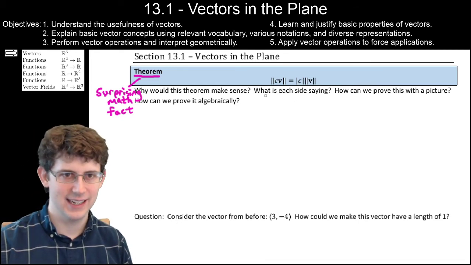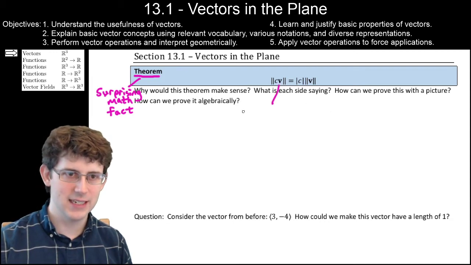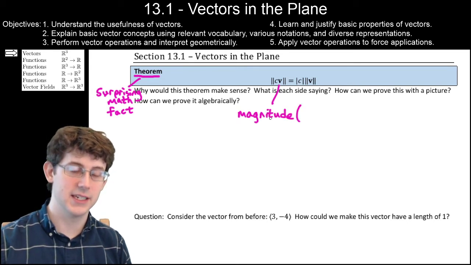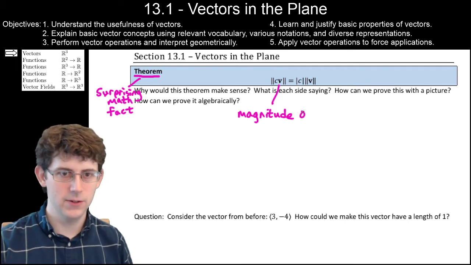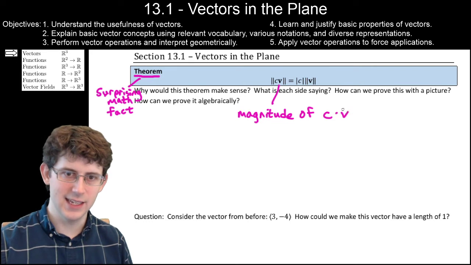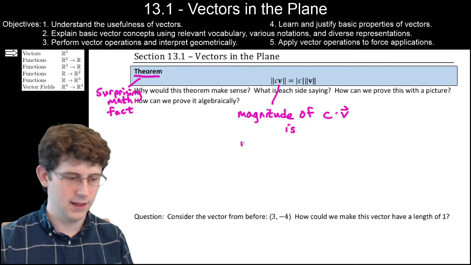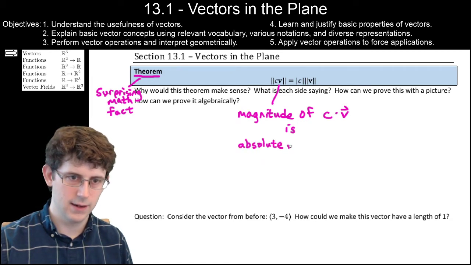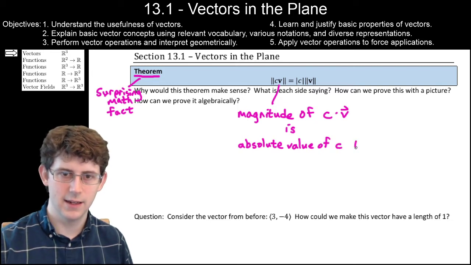What is each side saying? This says that the magnitude, and you can say the magnitude as norm or as length or size, so the magnitude of c times v on the left side, and then equals means is, and then the right side is the absolute value of c times the magnitude of v.